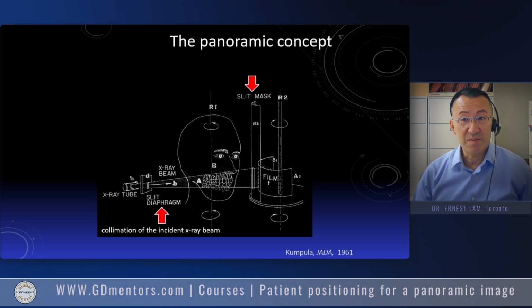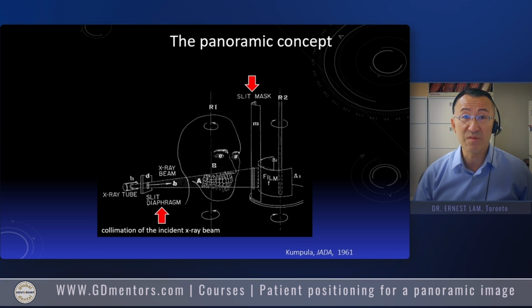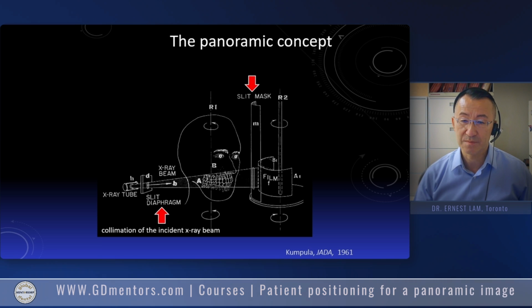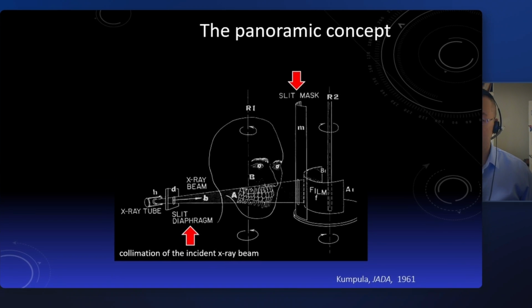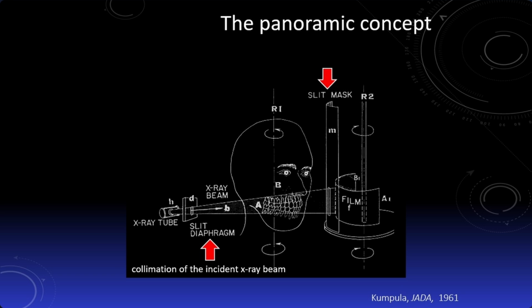The panoramic concept, as this slide indicates, has actually been around for quite a number of years, over 60 years. It involves a very similar principle in the sense that there is a moving X-ray source and a moving receptor. The only difference is that the X-ray beam and the receptor do not move in a linear fashion, but they move in a curve that almost simulates the curvature of the jaws.